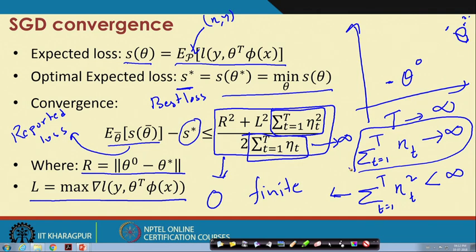So, the whole thing goes to 0. Hence, this difference goes to 0. Hence, we can say that this expected loss is very close to the actual optimal loss that we can get. So, in the expected sense, the stochastic gradient descent algorithm converges.